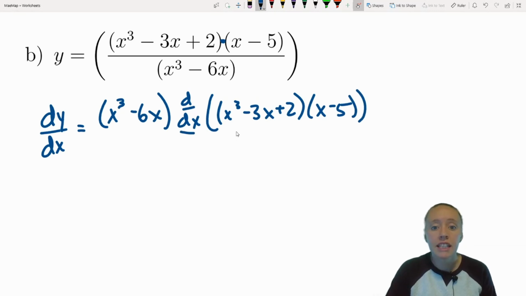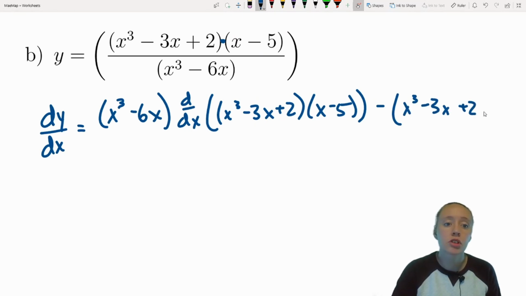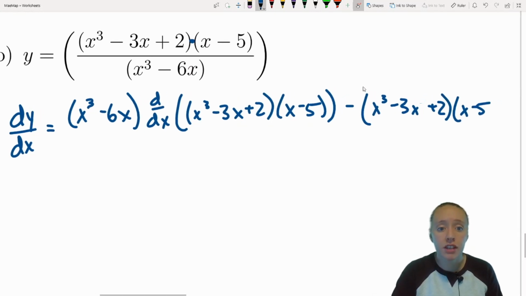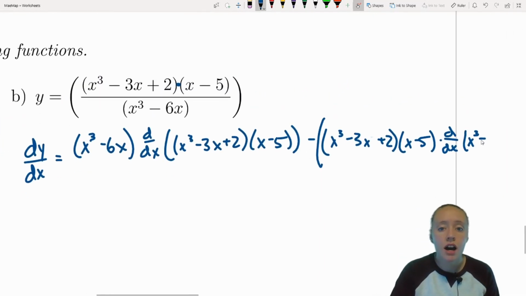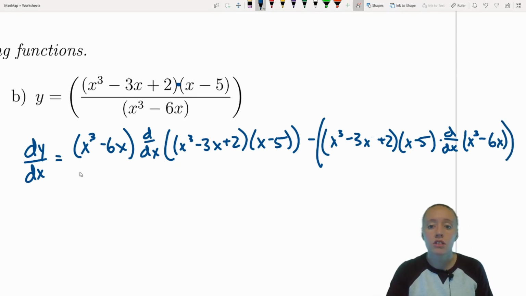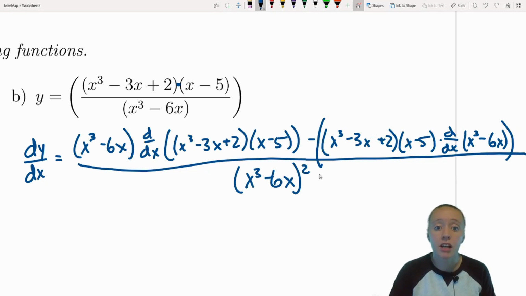So low d high minus high, so that's going to be x cubed minus 3x plus 2 times x minus 5. And I'm going to make sure that I have parentheses around this. And then that gets multiplied by d low, so the derivative of my low, which will be the derivative of that lower function, x cubed minus 6x. And this is all over low squared. X cubed minus 6x, that entire denominator squared.